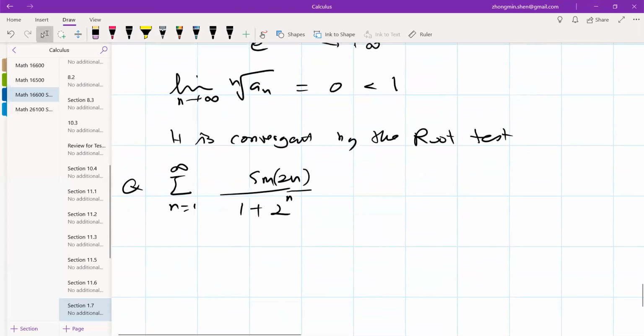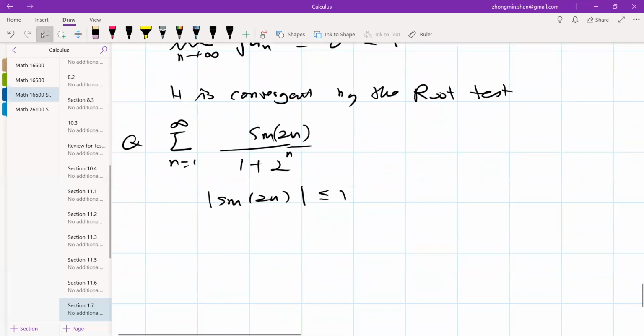Well, you know there is a sine of n. You don't know whether it's positive or negative, sometimes positive, sometimes negative. But we know that the absolute value of sine n is less than or equal to 1.